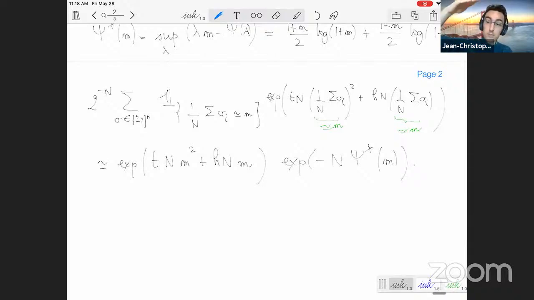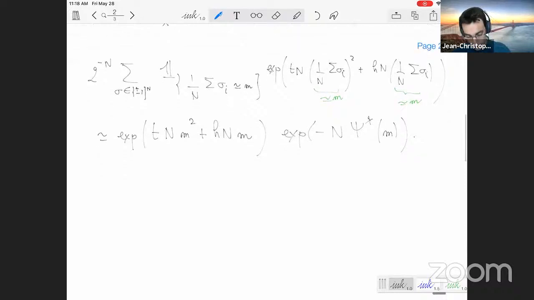Maybe you remember from the exercise in the first problem set that when we look at a sum of exponentials, so imagine now you're doing this slice for different possible values of m, and you're trying to understand the asymptotic behavior of the entire sum, the asymptotic behavior will be driven by where this quantity in the exponential is maximized. Okay, so let me write a precise statement to this effect.